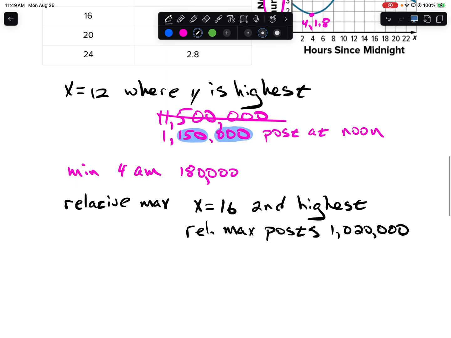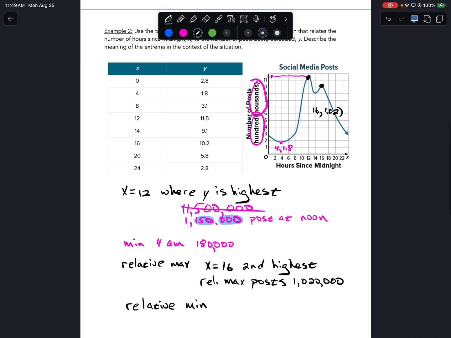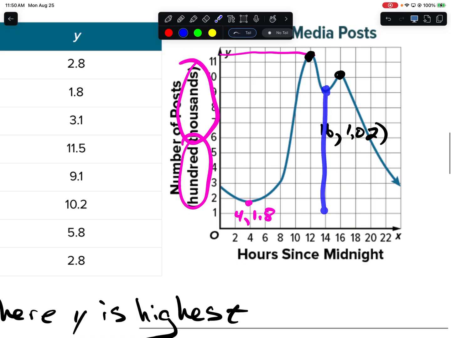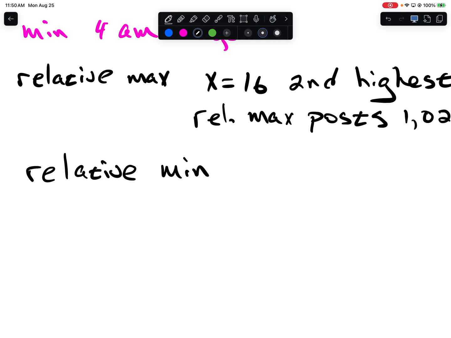Okay, relative min. So that's going to be the dip right here. So what time is that? Straight down. So x equals 14. We'll just say that. It's fine. So x equals 14. And what was that value?